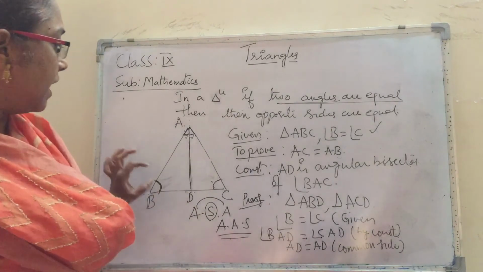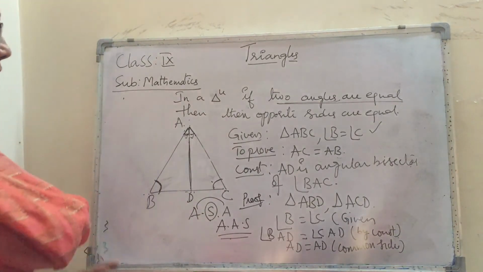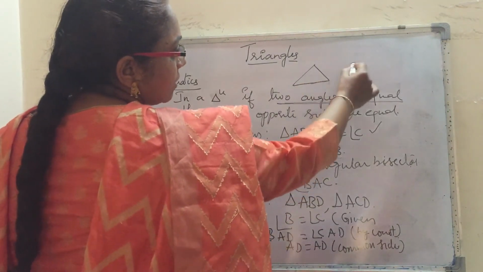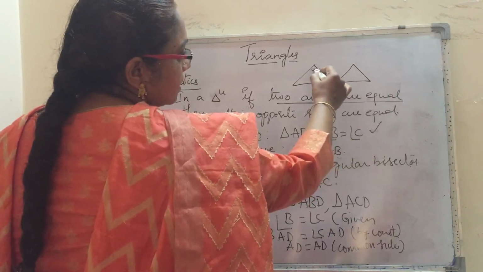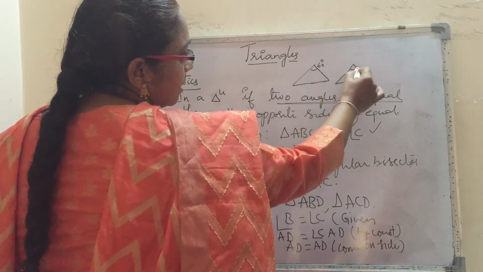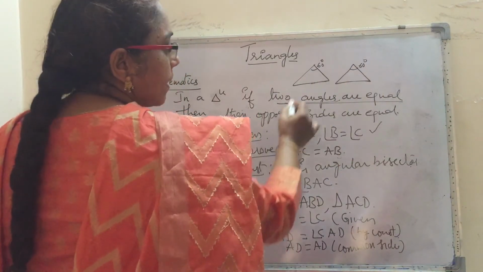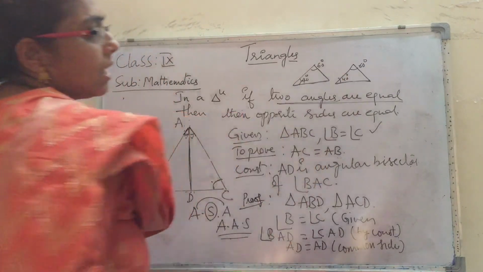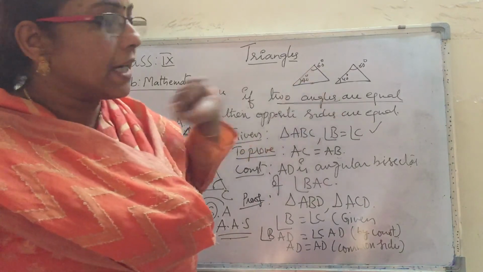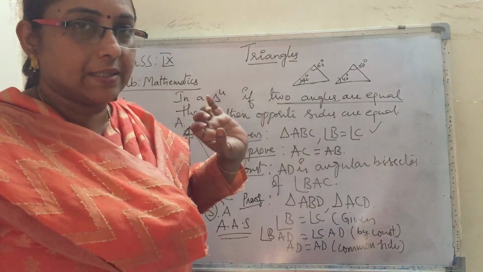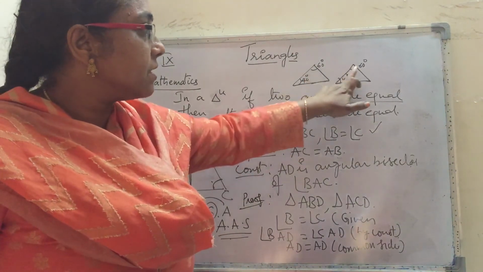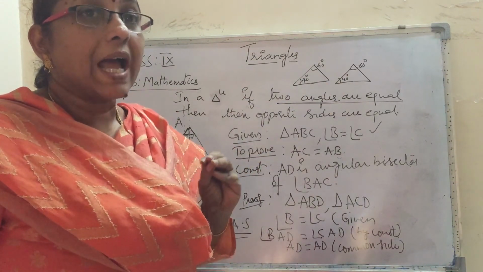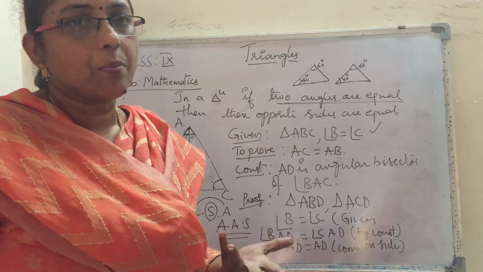See children, suppose we take these two triangles. If I say this is 60 degrees, here also 60 degrees, and this is 40 degrees, here also 40 degrees. I am taking two angles equal in these two triangles: 60, 60, 40, 40. According to the angle sum property, what is the angle sum property?